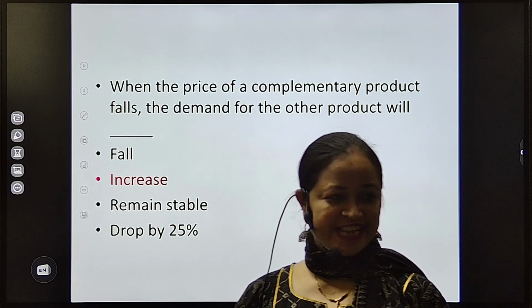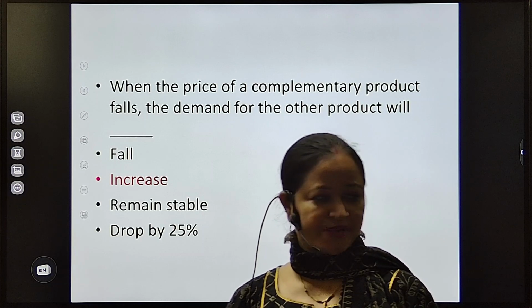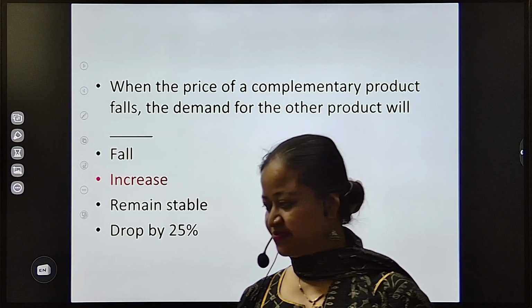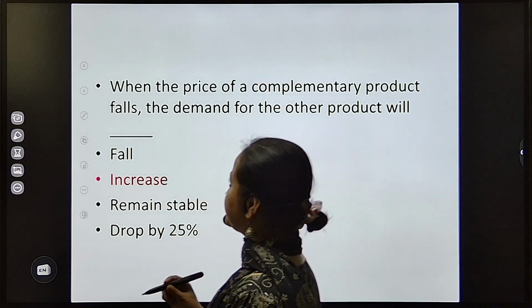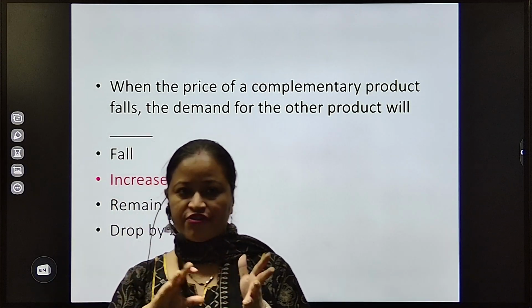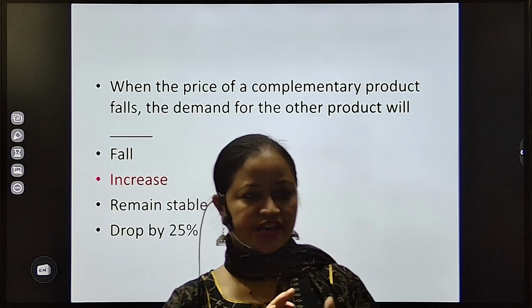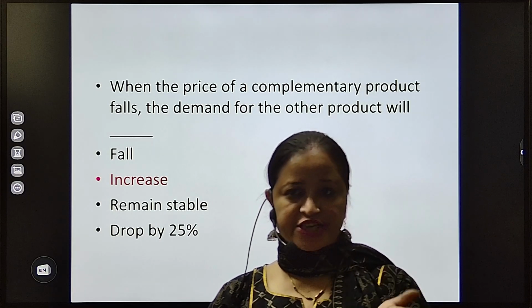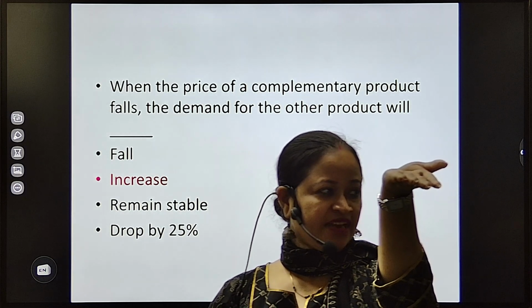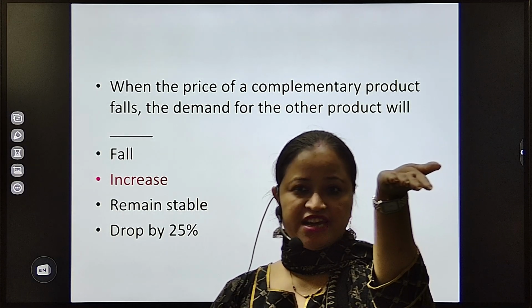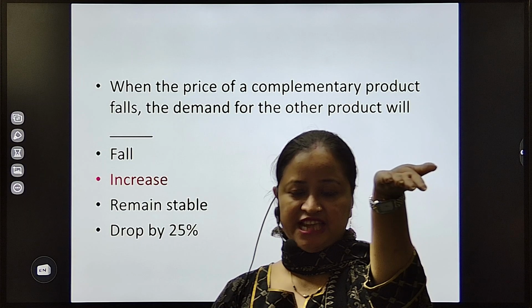Tea and coffee, is that an example of a complementary product? It's a substitute product. Tea and coffee are substitute products, in competition with each other. If coffee goes up, then demand for the other will rise.